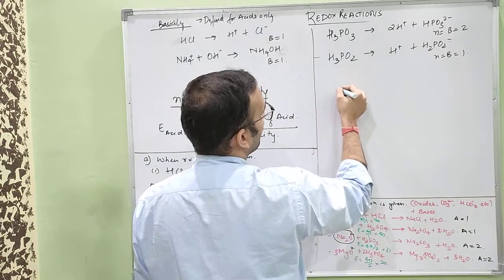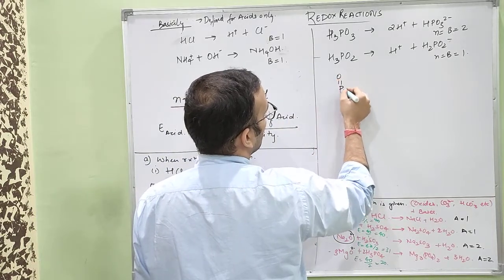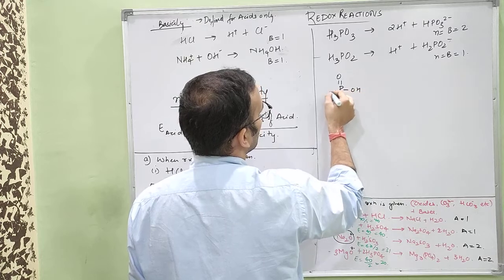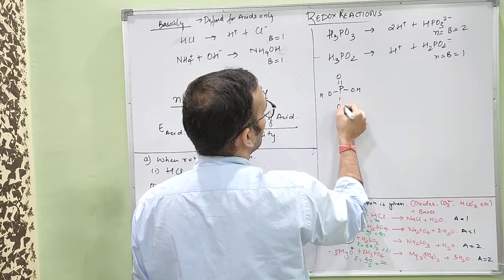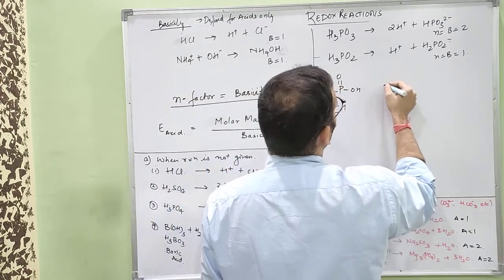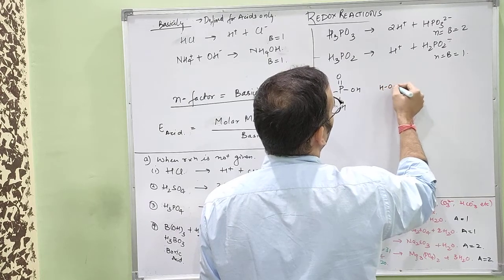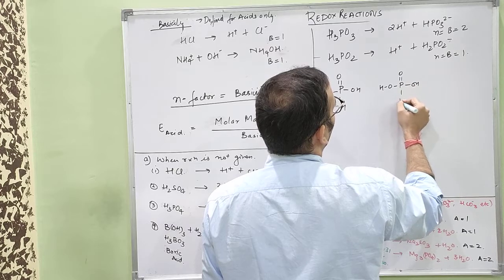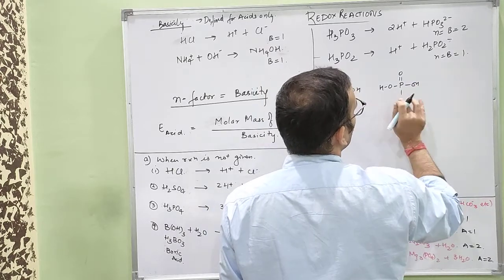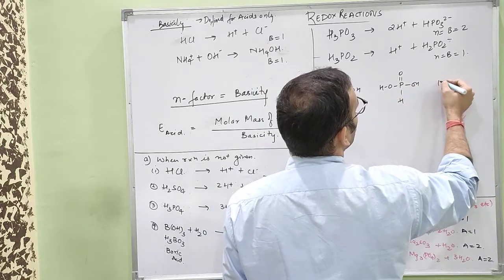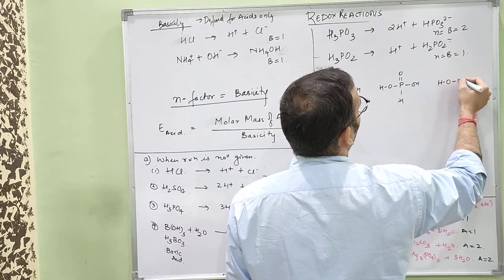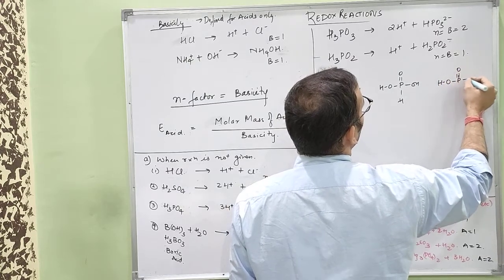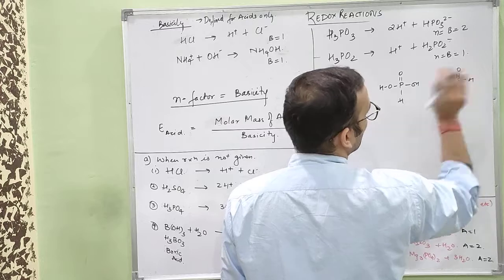Here if you want to write the structures, this is H3PO4, this is H3PO3 and this is H3PO2.